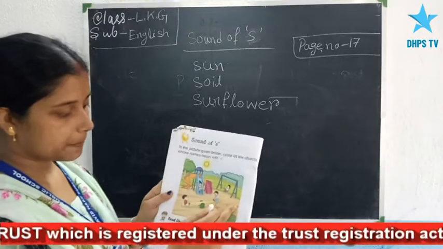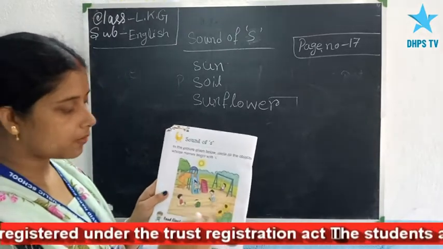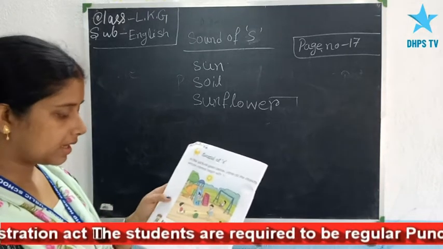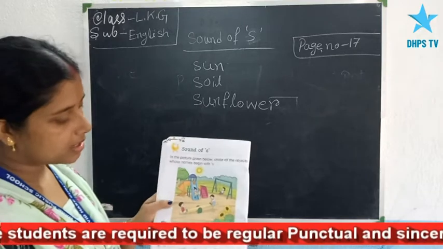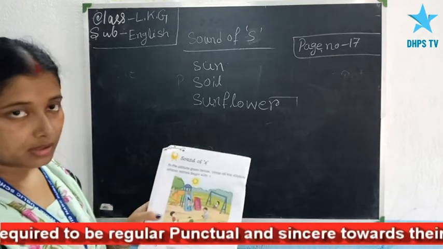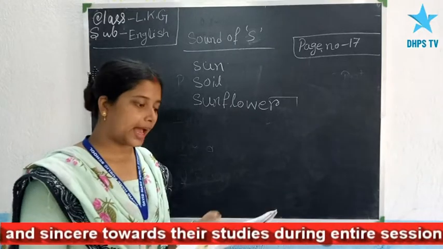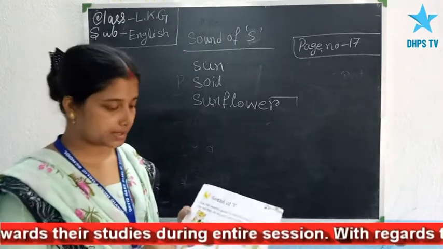So just put a circle around the sunflower. Okay, and in the same way you can recognize all the names that start with the letter S, and then circle the object.